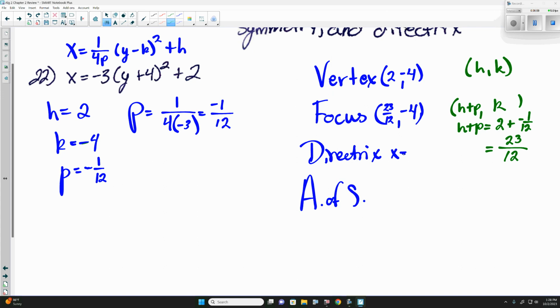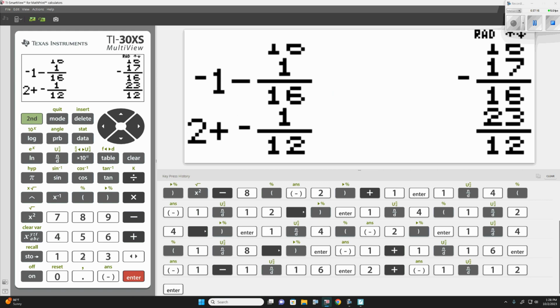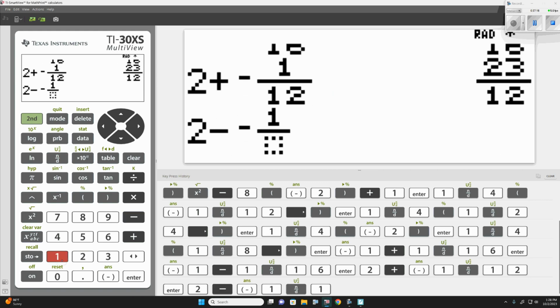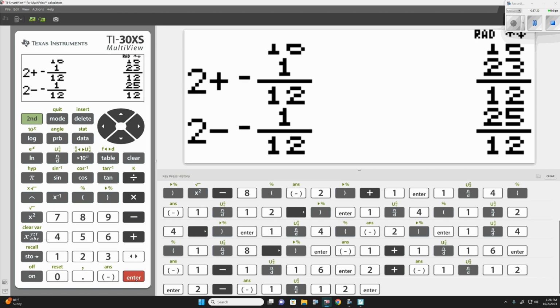Now the directrix, x equals, and in the general form it'd be h minus p, which in our case would be 2 minus 1/12, which should be 25/12.